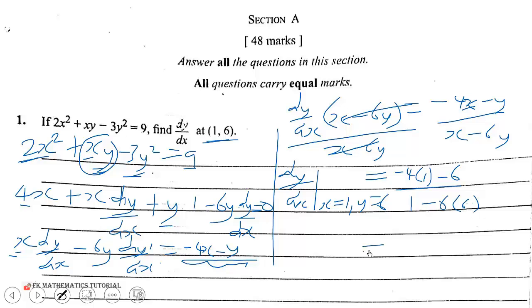So that will give us negative 4 minus 6, negative 10, all over 1 minus 36, which is negative 35. So 5 will go here, negative 5 will go here 2 times, negative 5 will go into this 7 times. So the dy/dx at (1, 6) will be 2 over 7.